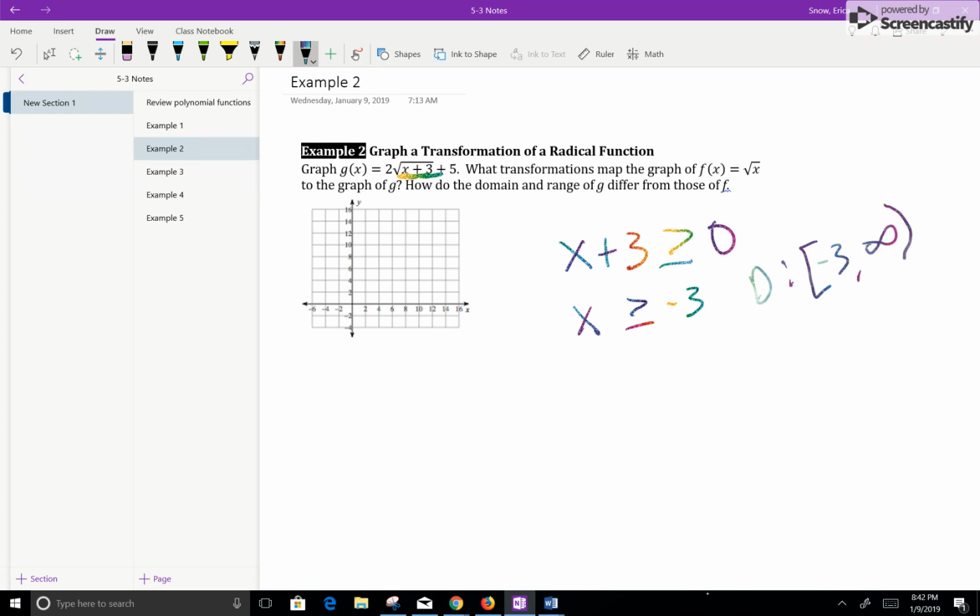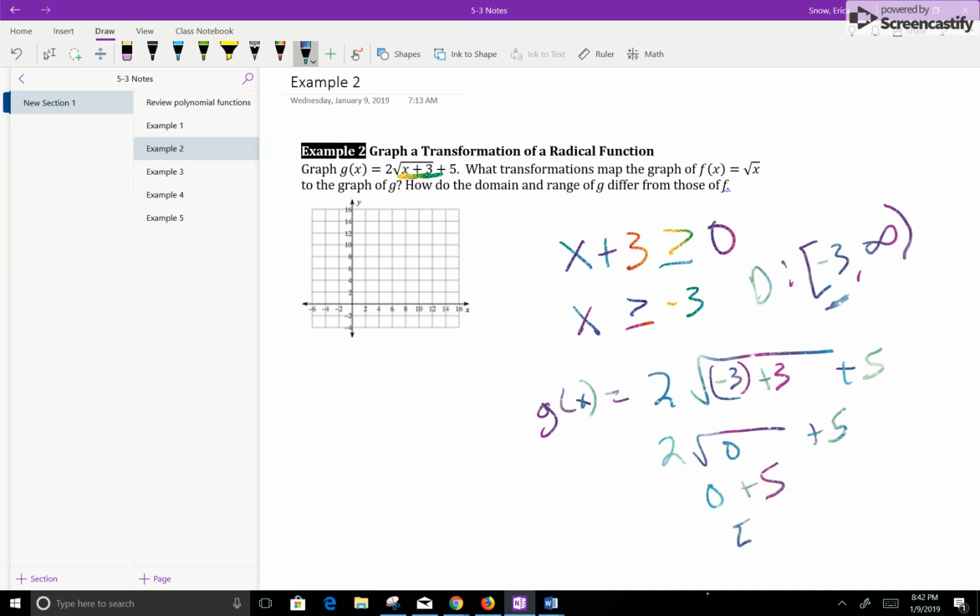And for our range, we're going to plug in that negative 3 and see what pops out. So we're going to have g of x equals 2 times the square root of negative 3 plus 3, plus 5. So negative 3 plus 3 is 0, 2 times 0 is just 0, plus 5. So 5 is the minimum for our range. So there's our domain and range.